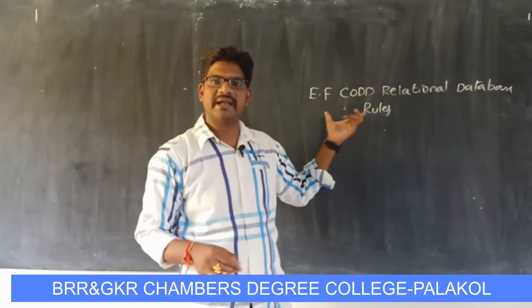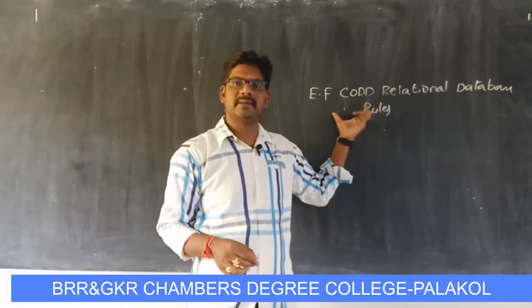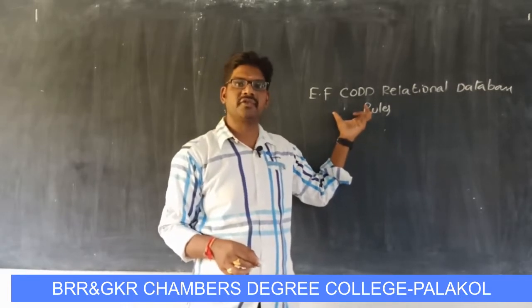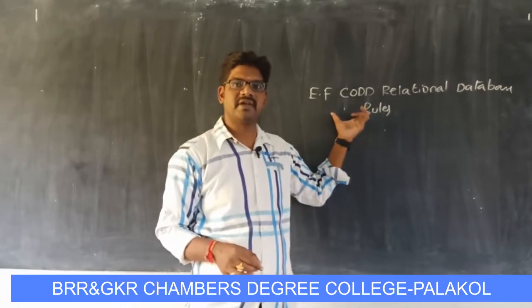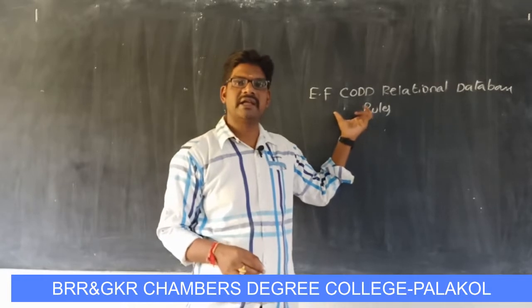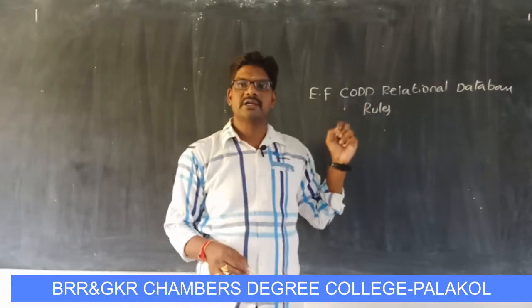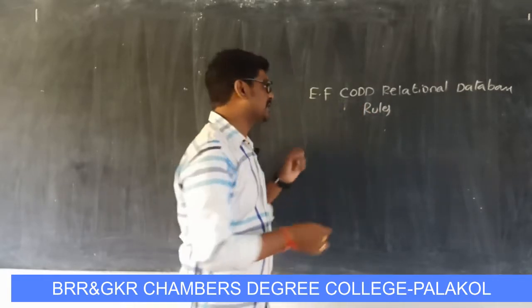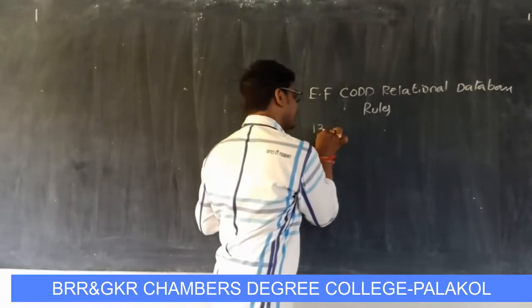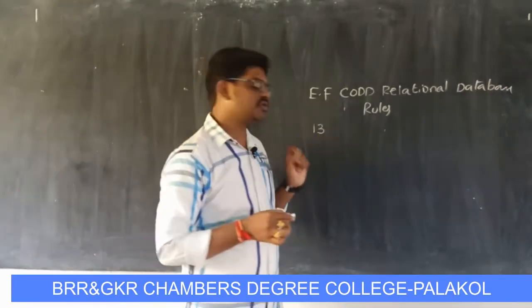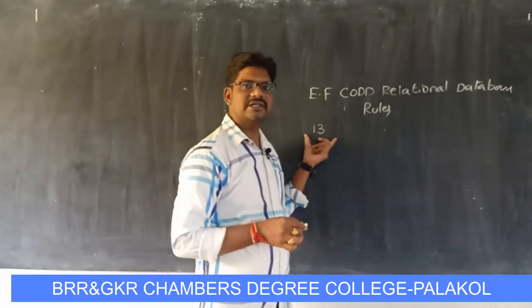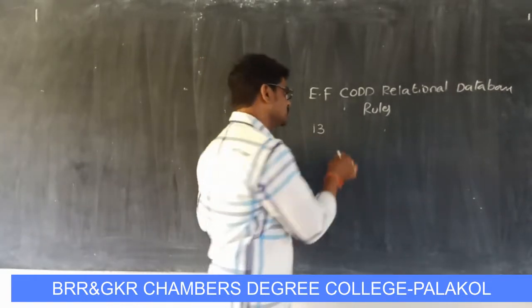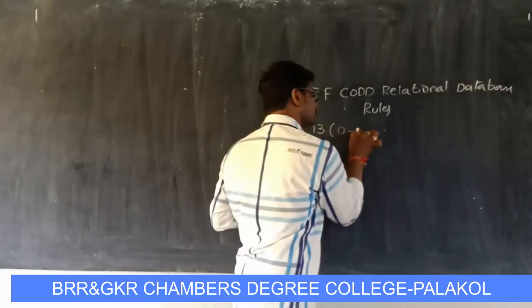In 1985, Codd published a list of rules that became a standard way of evaluating a relational system. Codd's rules are 13 rules, and every database must satisfy all these 13 rules, from 0 to 12.